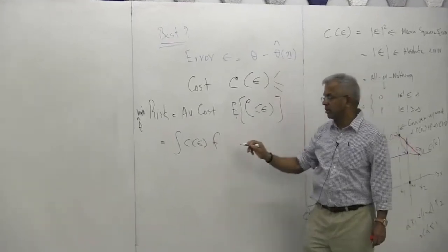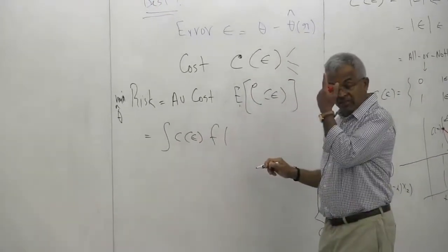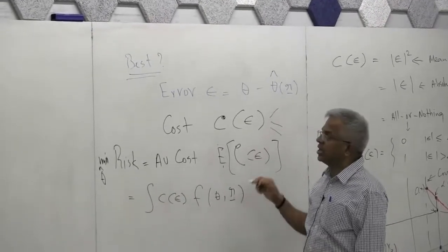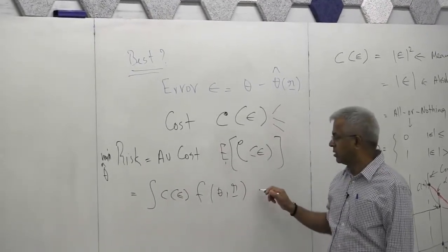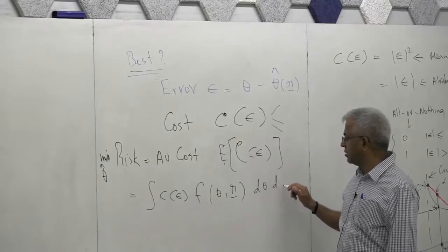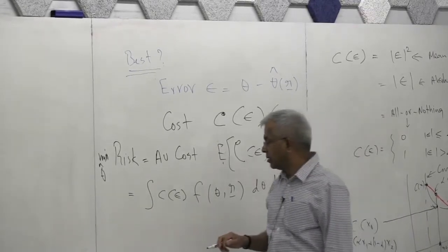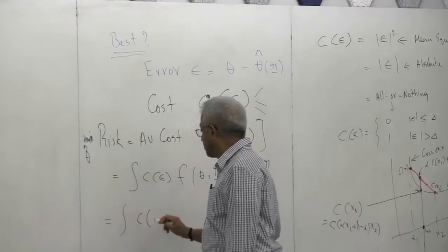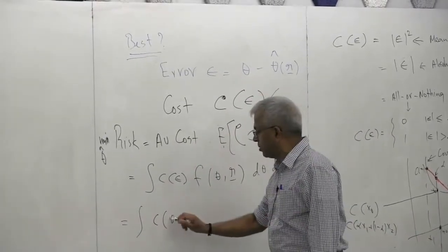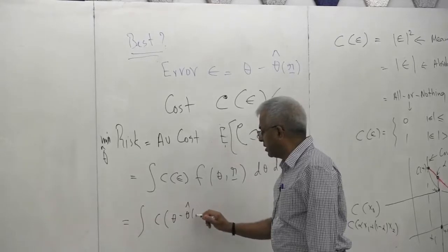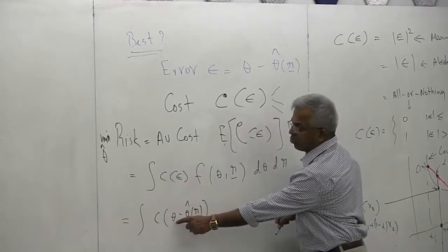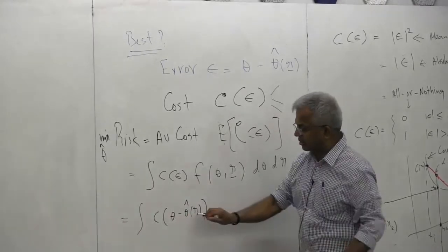So this is f of theta comma R1, R2, etc., d theta dr. And to be specific, we have decided that epsilon is theta minus theta hat of r. So from here itself you can see that the random variables involved are theta and r.